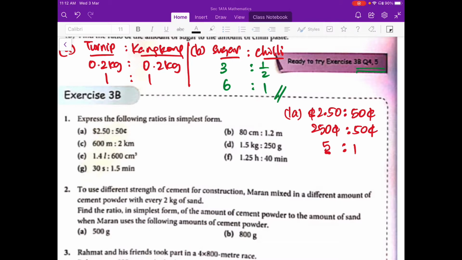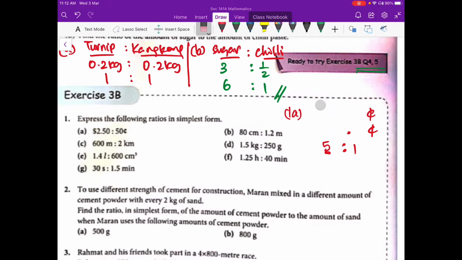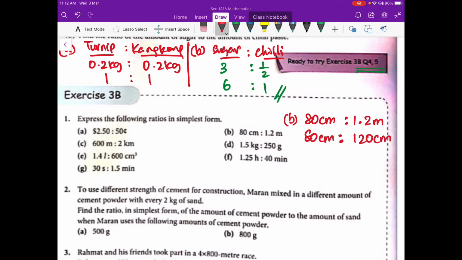Okay, so I'm going to erase this first. In part B, 80 cm to 1.2 meters. What unit do you want to change them to? cm or meters? You want to change to cm. So we have 80 cm to 120 cm. Now that the units are the same, this is where the magic happens.